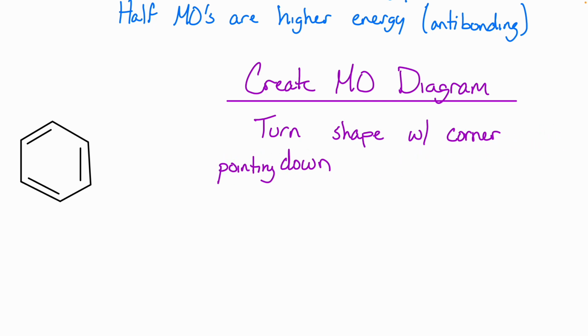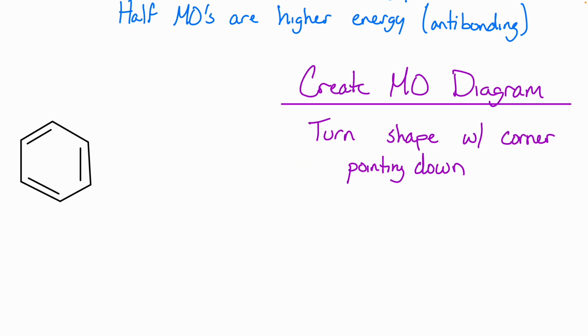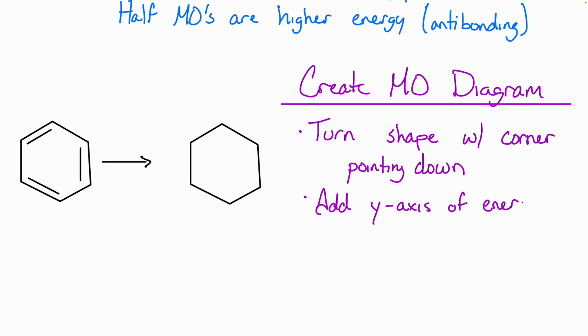In the case of benzene, at least how I typically draw it with the point down anyway. So all I'm going to do is I'm going to take my molecule here, and I'm going to just turn it into a hexagon with that point facing down. Boom. All right, we're going to add this y-axis of increasing energy.